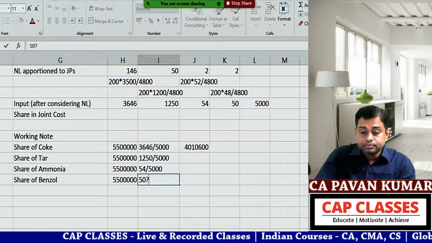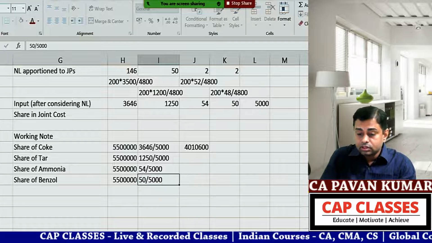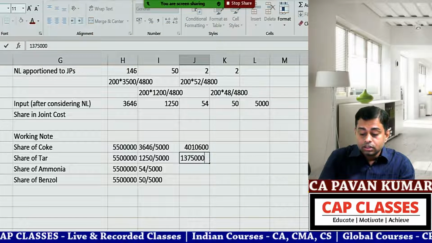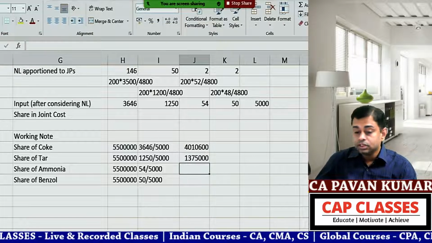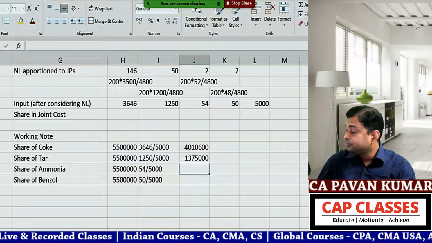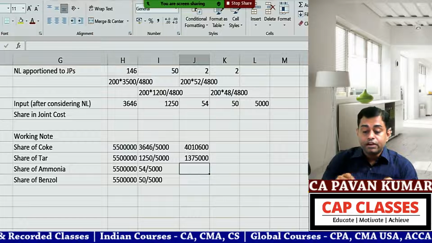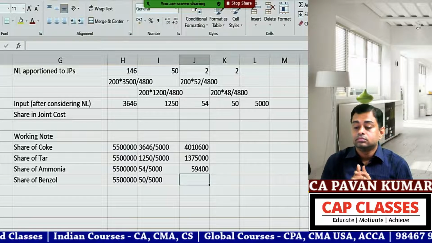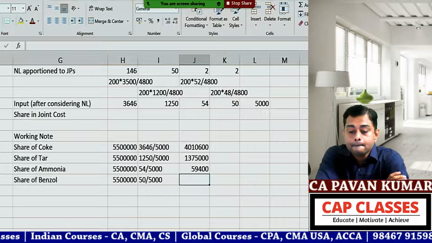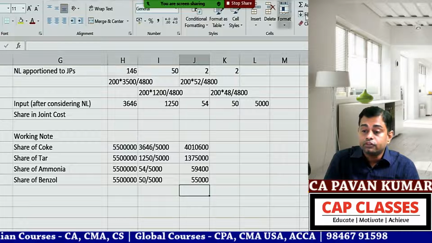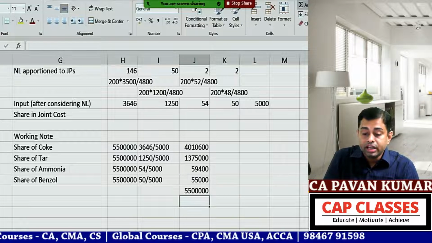Is it right? So the second one is 13,75,000. Third, 55 lakhs into 54 divided by 5,000 is 59,400. The last one is 55,000. So when you add these four, the total should be 55 lakhs.